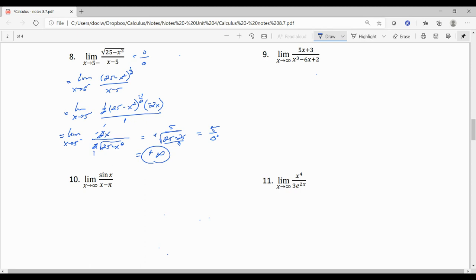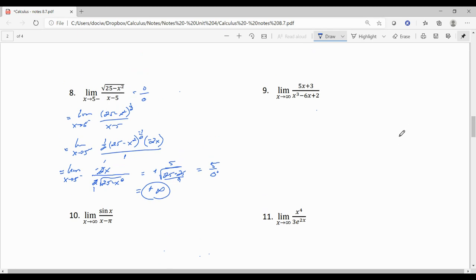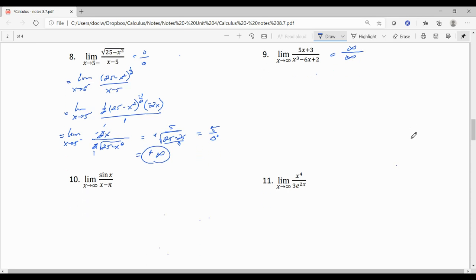Okay. Now, number 9, we've done the limit here before, and we know that as x goes off to infinity, my numerator is going to get infinitely large, and my denominator is going to get infinitely large. We've explored those things in the past. I should not have to reteach you the things that we were responsible to have learned in the past.